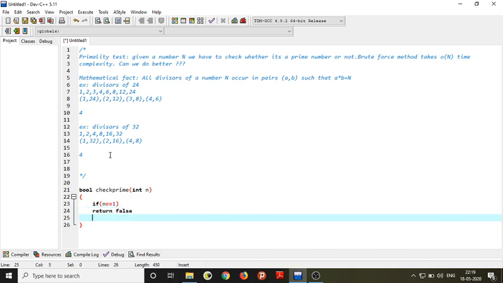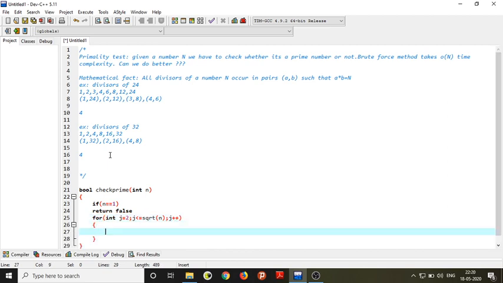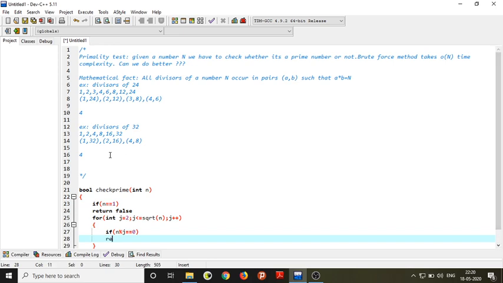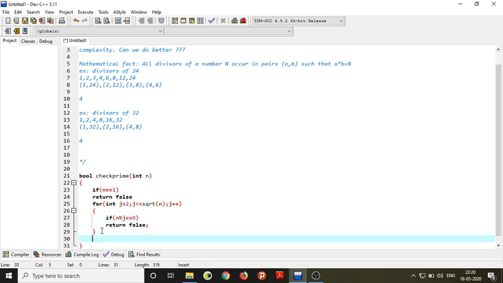Now for the other cases, for int j equal to 2, j less than or equal to sqrt of n, j plus plus. If n percentage j equals 0, then we return false, it's not prime, else return true.